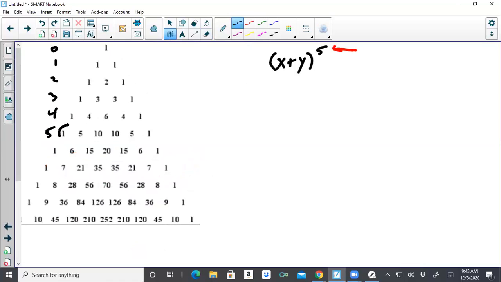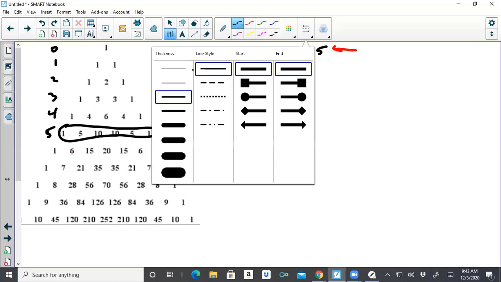So this is the row that I want to deal with because that's the power on my polynomial. And instead of multiplying this out, which is always an option, this is just more time saving, I'm going to write down my coefficients. Now these coefficients are just what I see right here. So I'm going to write down 1, 5, 10, 10, 5, 1, and I'm going to leave some space.